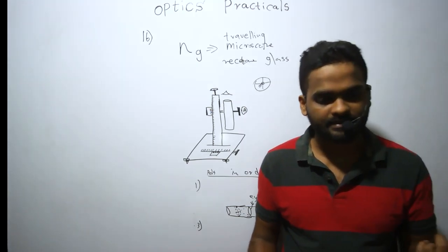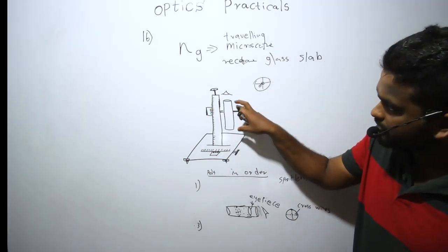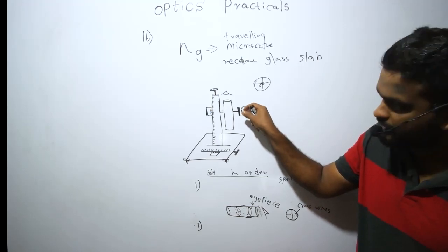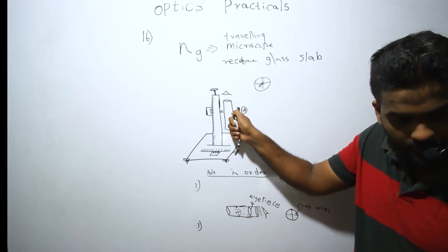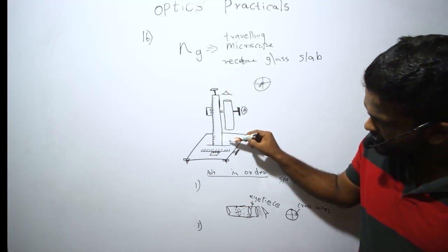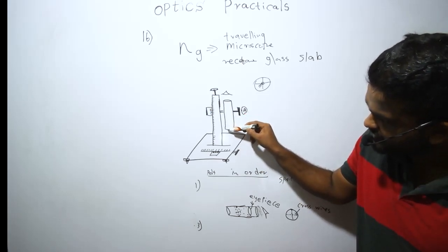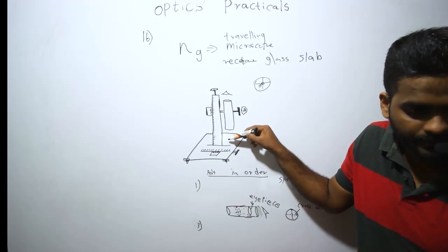Then the next step is you just have to focus this microscope. You can do that by rotating this screw. When you rotate this, the whole microscope moves up or down, right? Depending on the distance, when you place the object here, you can change the distance to that object from the microscope and focus the microscope, right?